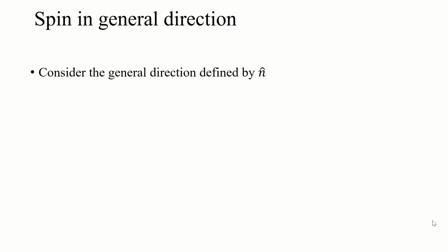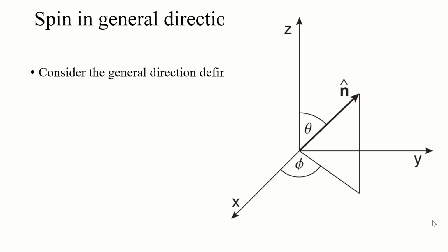First, let's consider what we mean by a general direction n. We have our Cartesian coordinate system here, and this n unit vector is pointing in the direction we're concerned with. We can write that n vector in terms of its x, y, and z components.